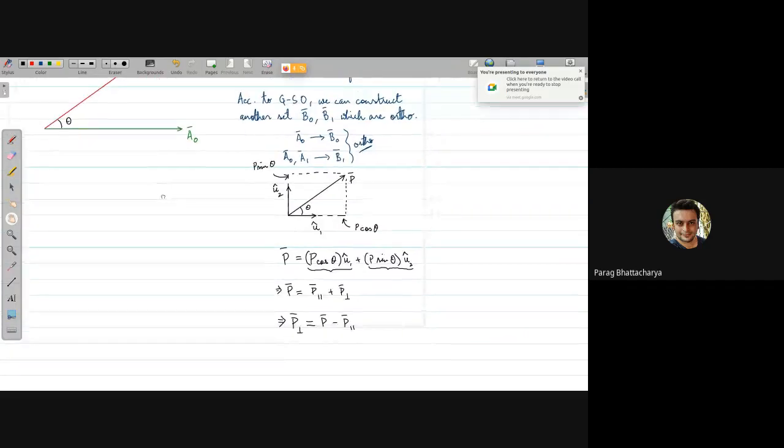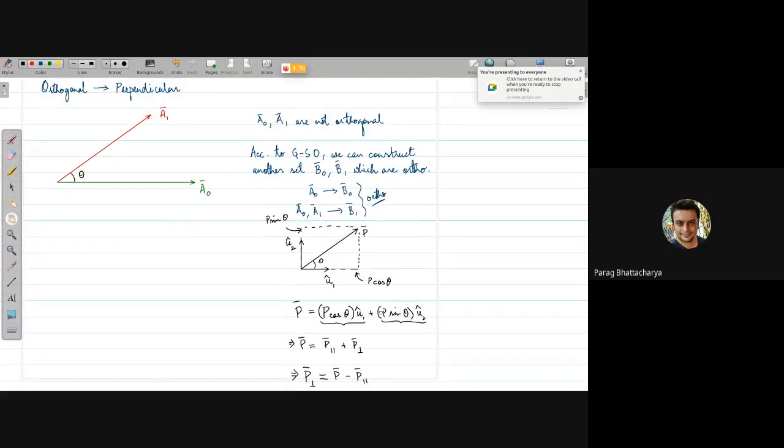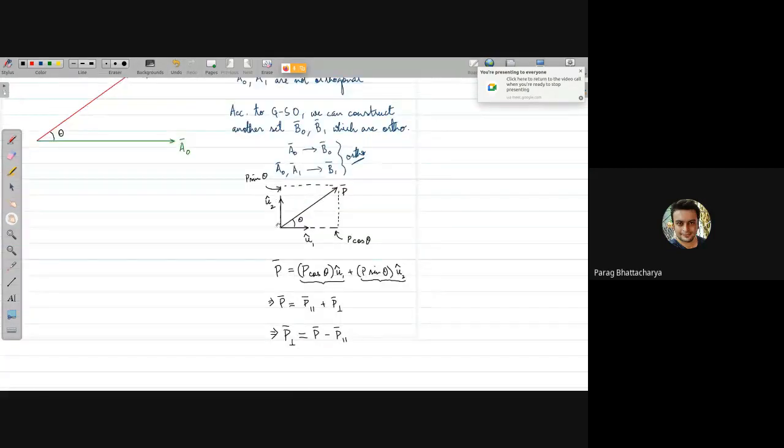Yes. So suppose I want the perpendicular component. How do I get it? From the original vector, subtract the parallel or horizontal component. When you subtract the parallel component from the original vector, you'll get the perpendicular component.